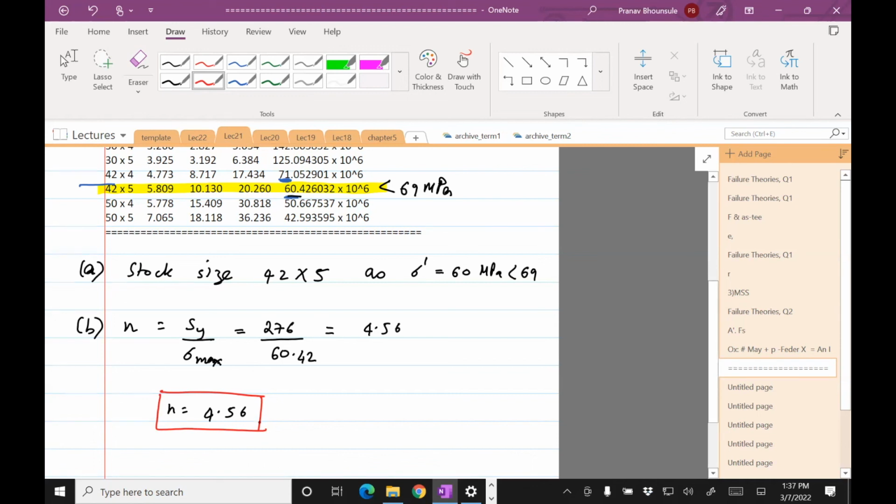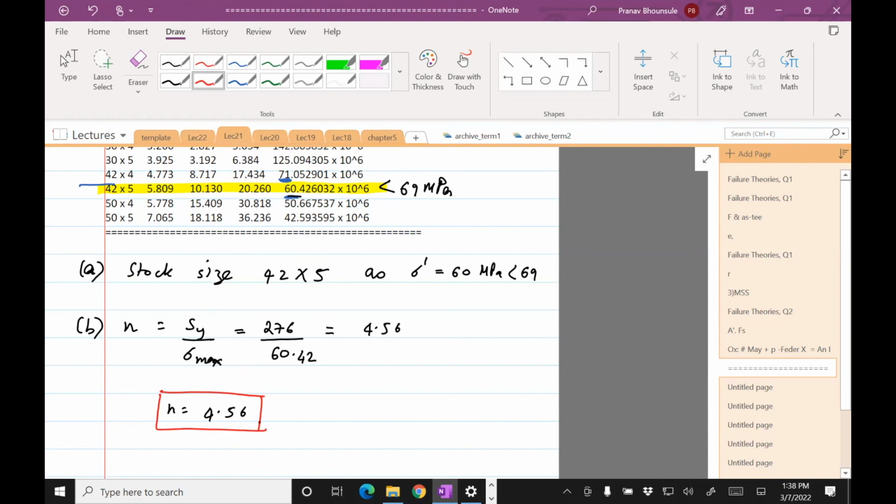If you had used the 71, you would have seen that the factor of safety would have been less than 4, and that goes against your spec. You can also choose a factor of safety.